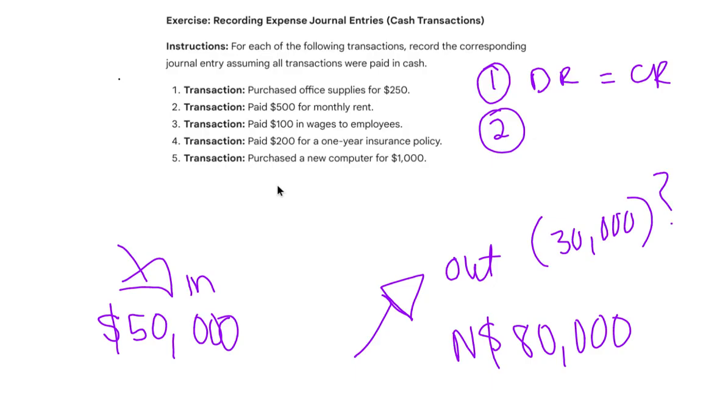Where did we get this money? Because we only got 50,000 in. So this is where the debit and credit principle comes in, because we need to account for every transaction. It's going to show us that we received $50,000 on the debit side and then $80,000 on the credit side. So there's an imbalance.